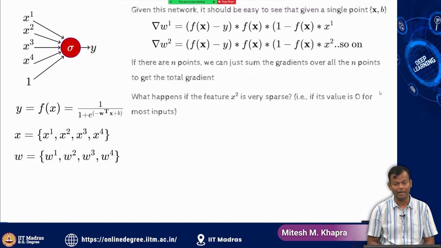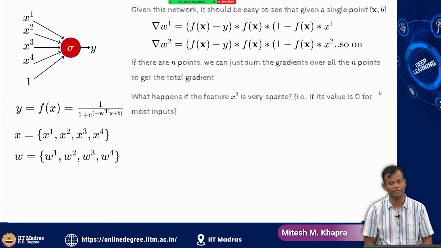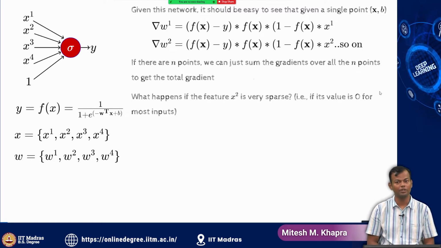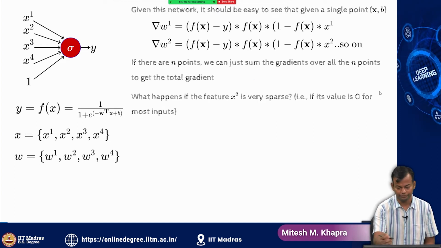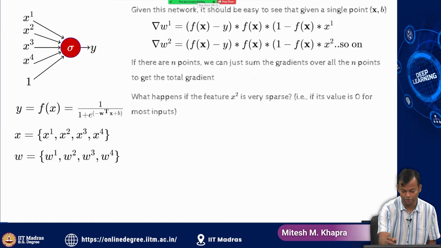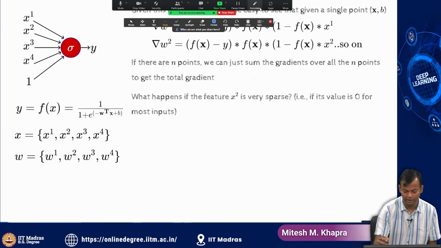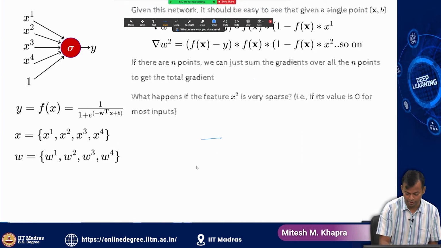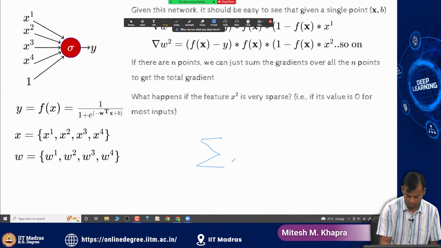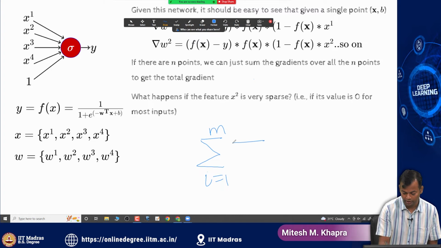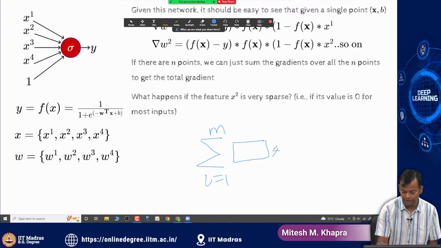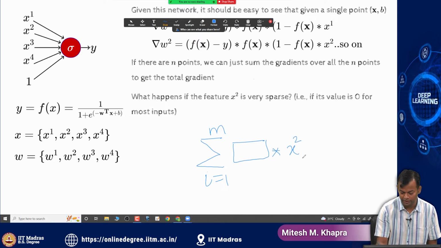So that's what a sparse feature looks like. And again, as you can imagine, in real world applications, there are many features which are sparse. Now what's the consequence of that? My derivative formula that I just showed you is the sum, i equal to 1 to m, of that quantity multiplied by this feature value.